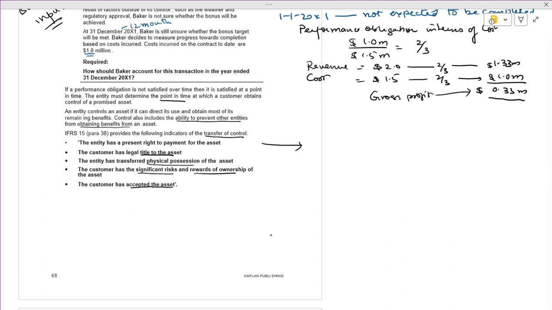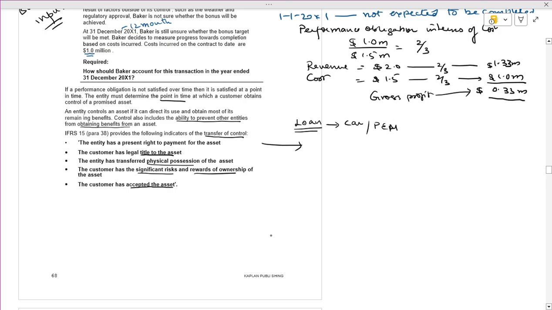Whenever you have purchased any asset on a loan, what will happen? The legal title will be yours, and you have the risk and rewards. You have bought a car on loan, or a company has bought plant and machinery on loan.